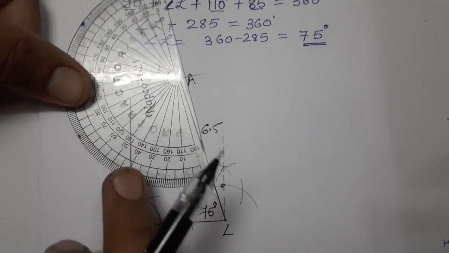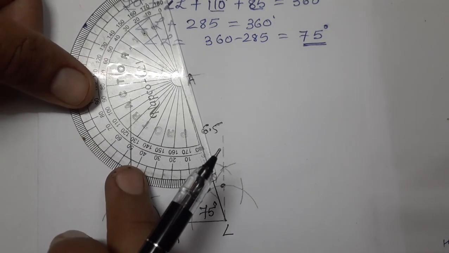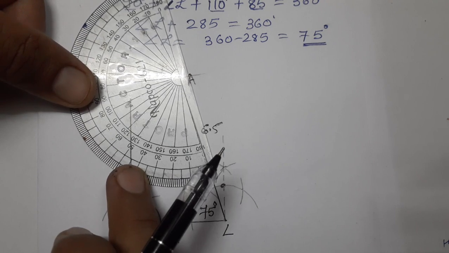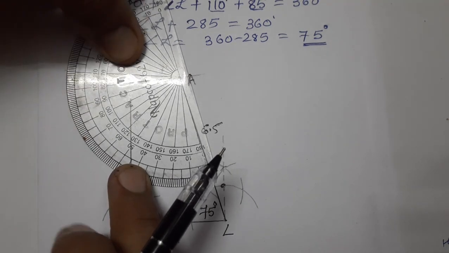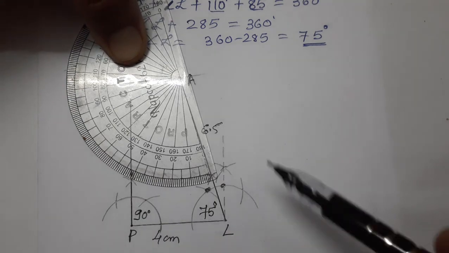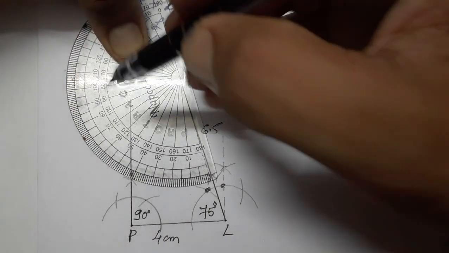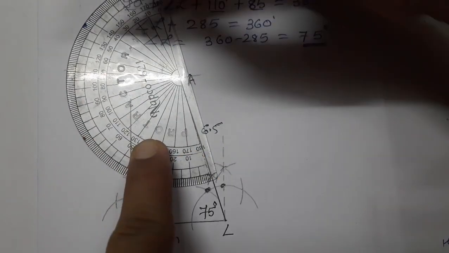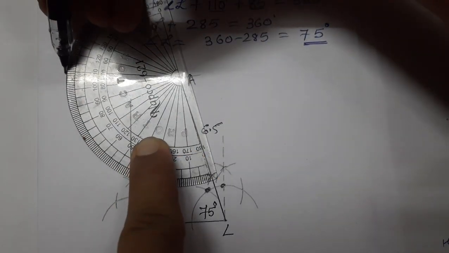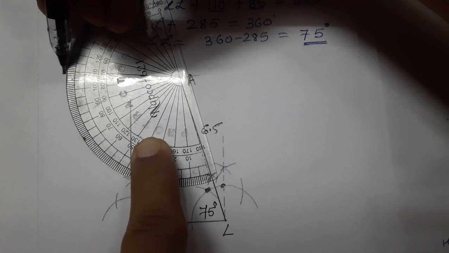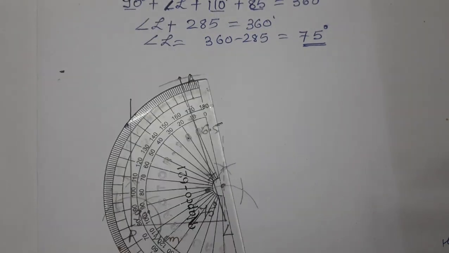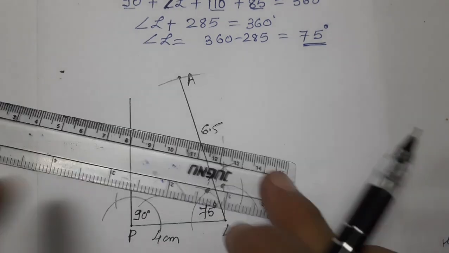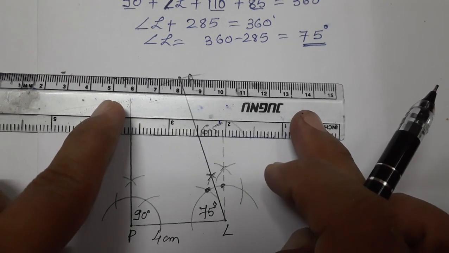Take the center. From right we are taking the right outer, left inner point, zero rule. 110 degrees here. So mark it. After marking, take ruler and join. So this is 110 degrees.